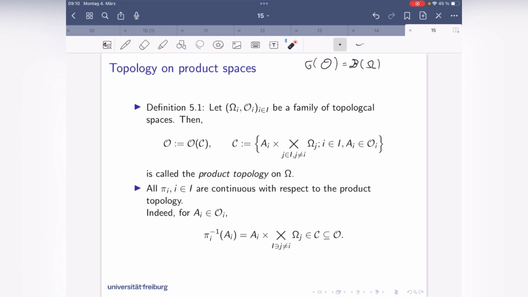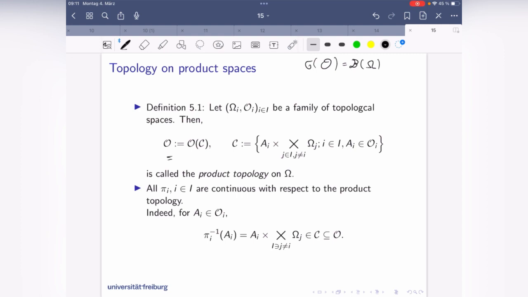And there's one concept here which we had briefly. So O of C, that's the topology generated by a set system. So I want to define a topology, and I'm doing this by giving a C and the topology generated from this here. And that's as with sigma algebras.